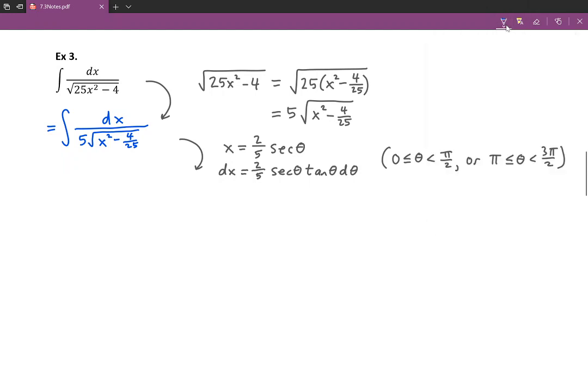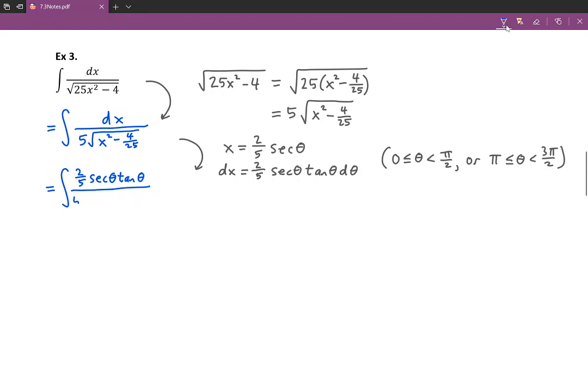And we'll switch to blue. We'll make the equals a little bit higher. So now we've got, let's see, dx gets replaced with 2/5 secant theta tangent theta. We'll put the d theta off to the right side in just a moment.